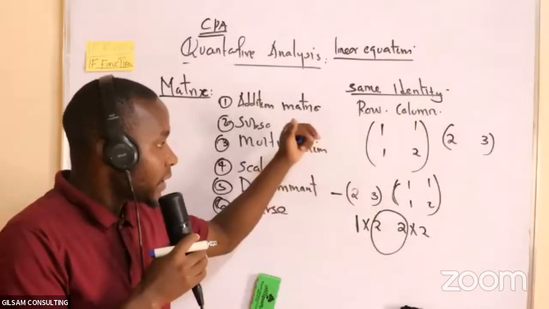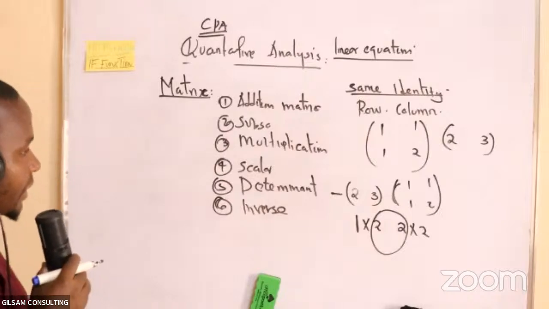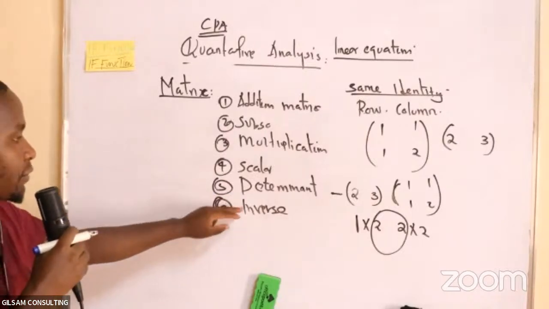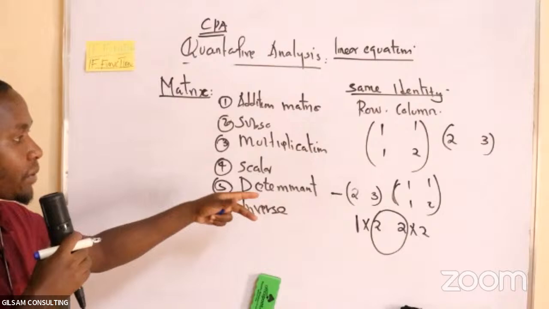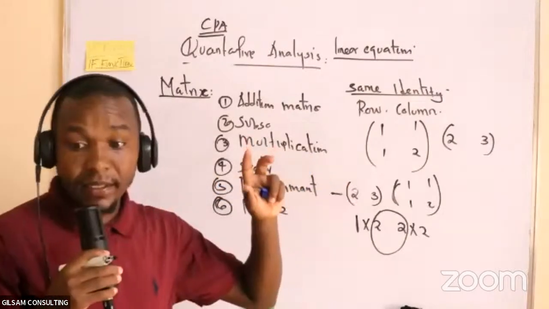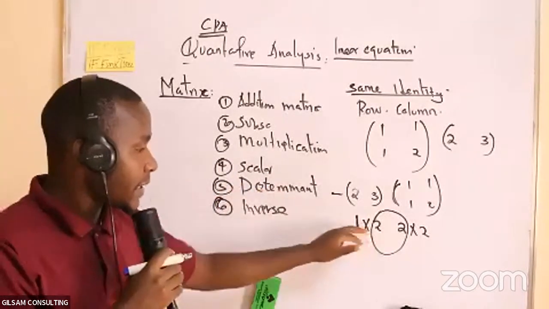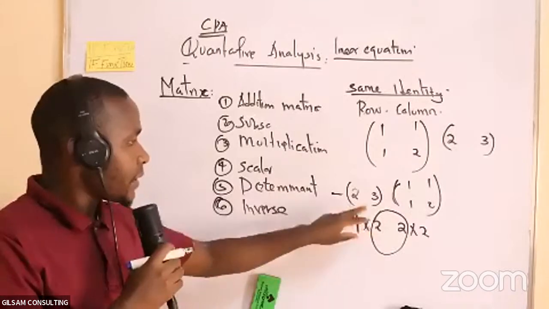You can get the subtraction, you can get multiplication, and all that. Now, if you come to the inverse and the determinant, you will be getting matrices which are not compatible, so you have to keep working until you get a compatible matrix.